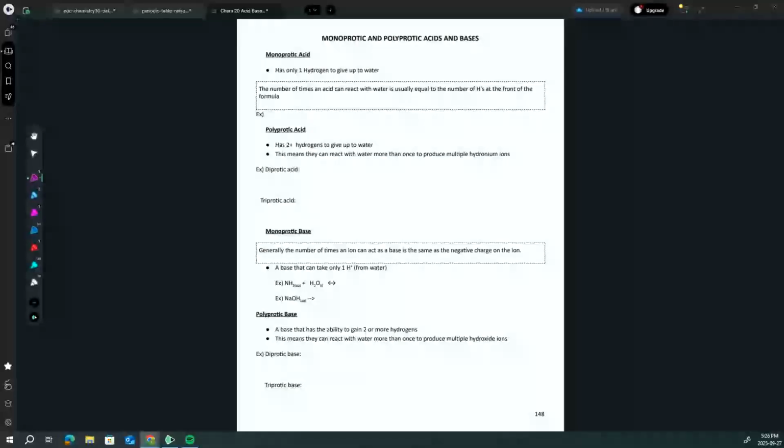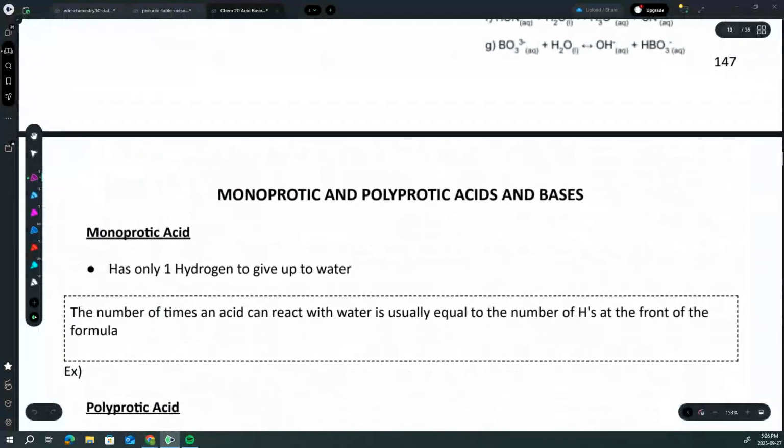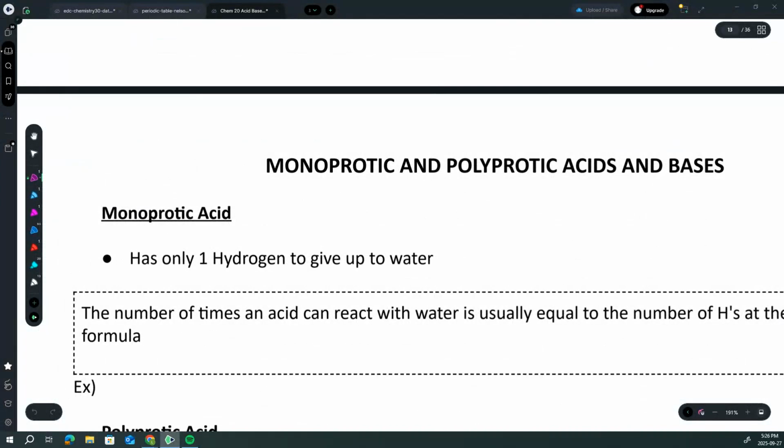In this video, we're going to go over how to write Arrhenius modified reactions for monoprotic and polyprotic acids and bases. A monoprotic acid is an acid that only has one hydrogen to give up to water.